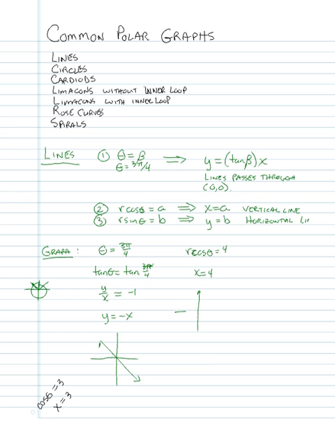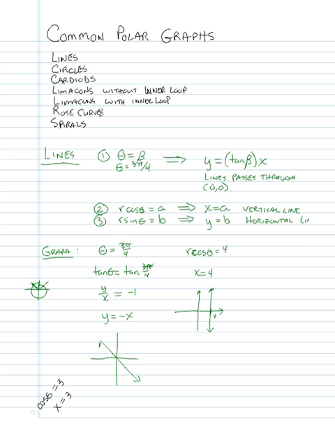The point I'm making here is it would be quite a mess to deal with trying to plot points, or even solving this for r and putting it into a calculator. We'll say this is where 4 is for x, and so what we're talking about is this vertical line.